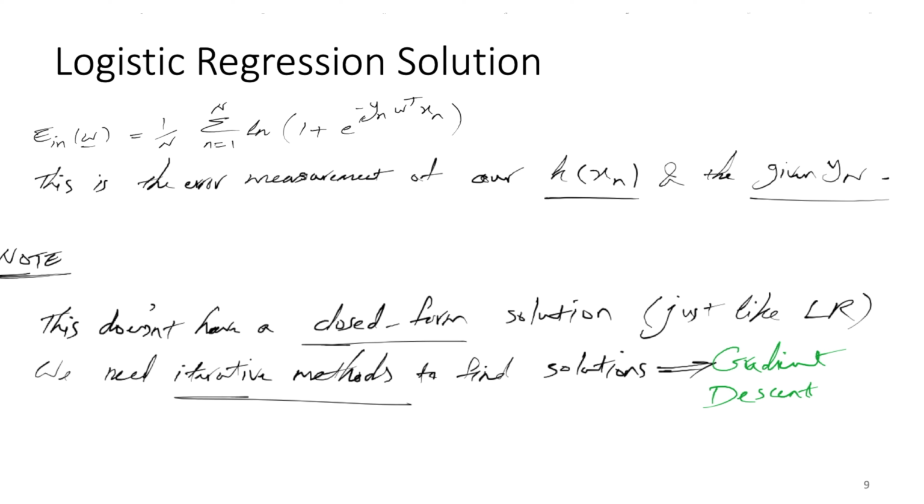So LR is linear regression. So just like LR, it doesn't have a closed form solution. Thus, we need to use some iterative methods such as gradient descent to find the solution. Step by step, we converge to a good solution.